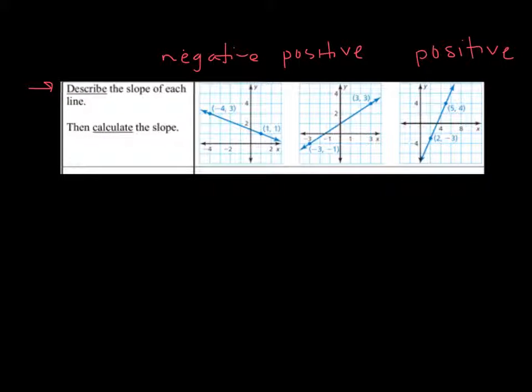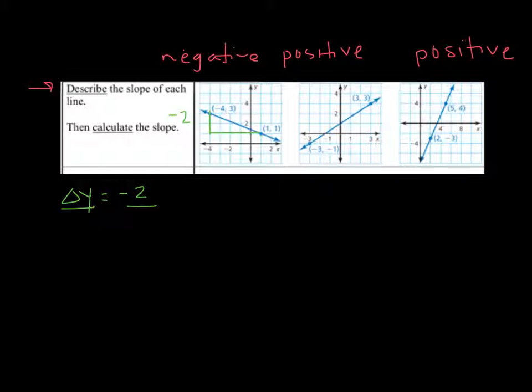So on this first one, I'm going to use the slope triangle. I'm going to start at the point that they gave me on the left, and I'm going to go down to get in line with the other point. I notice that I have to fall, or go down, 2 units. So my change in y, or my rise, is equal to -2. In order to get in line with the point, how many do I have to move over?